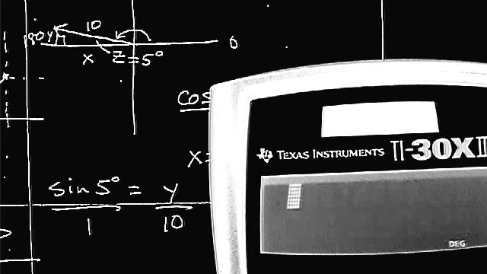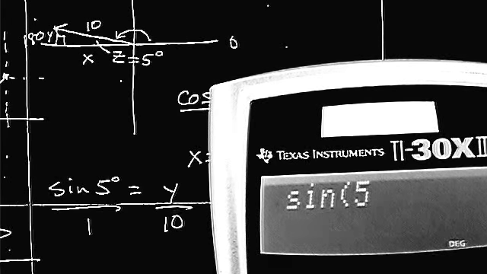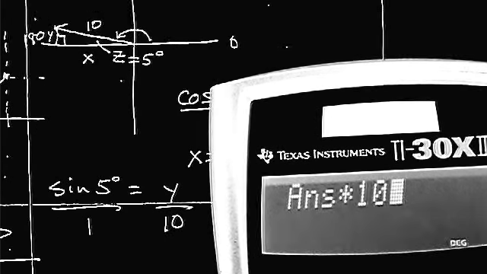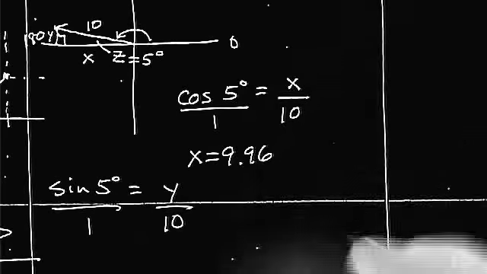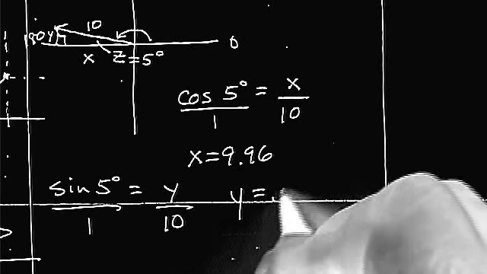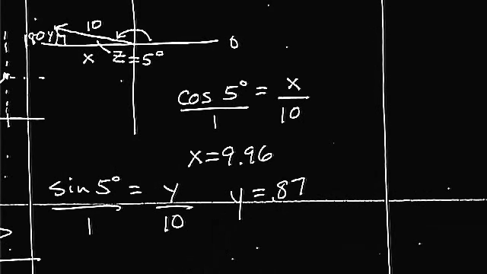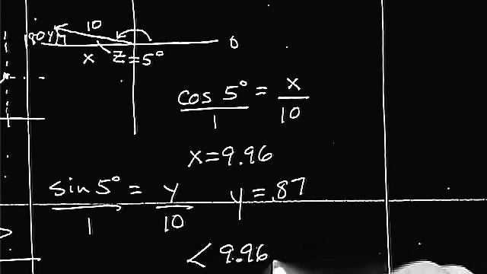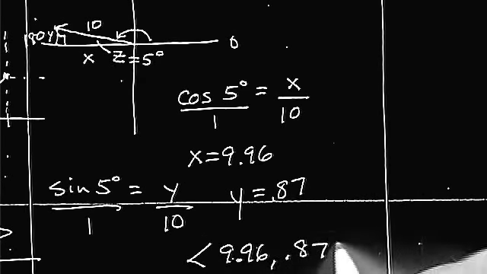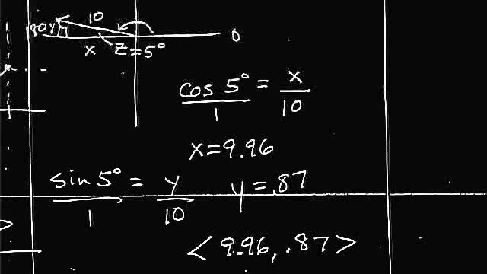What is sine 5 times 10? Okay, 0.871. Alright, that makes sense. So the component form 9.96, comma, 0.87. There's my component form.